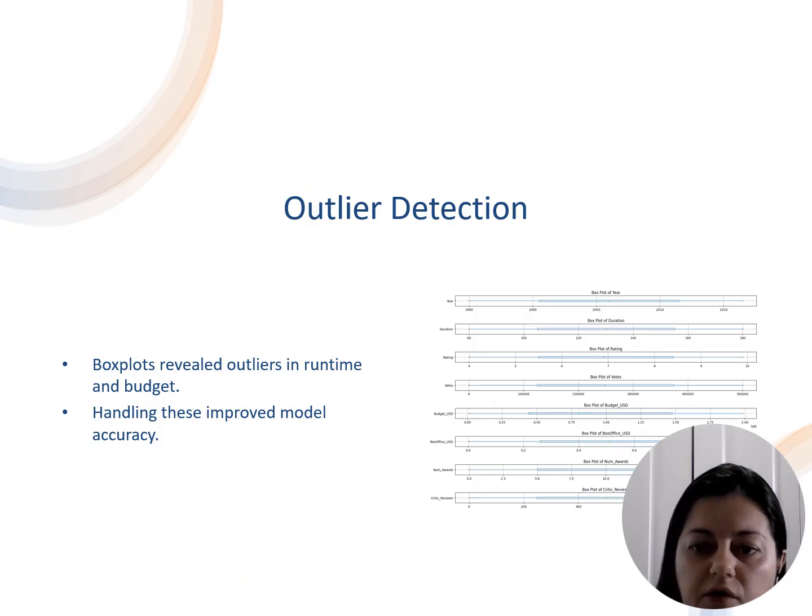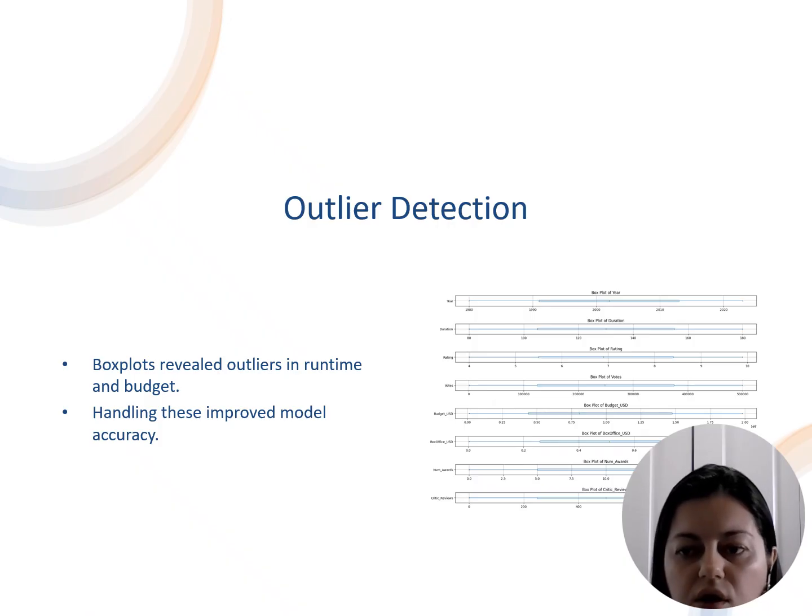For instance, a few movies had thousands of likes or unusually long durations, which could bias the model. I addressed this by removing extreme outliers and applying transformations where necessary. This ensured the model would learn from representative data and avoid being misled by abnormalities.